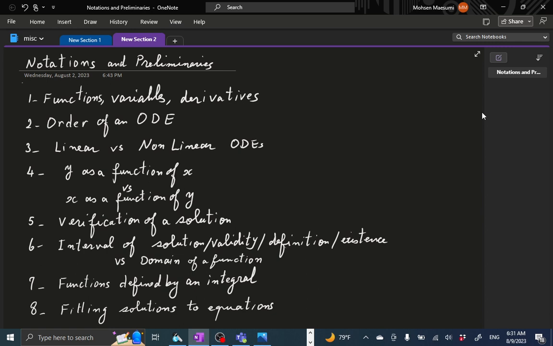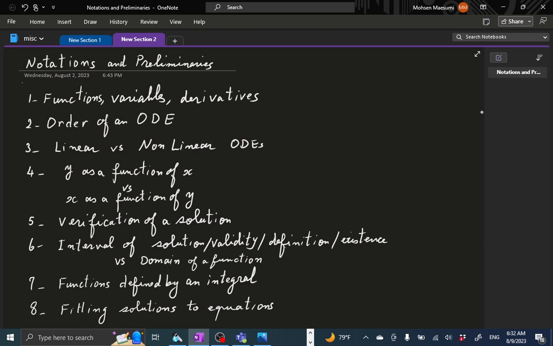So it's going to be a list of short topics, essentially as a reminder of things you might have seen in calculus. So first, functions, variables, and derivatives and their notation. Then what is meant by an order of an ODE. Next, linear versus non-linear ODE, and then y as a function of x versus x as a function of y.